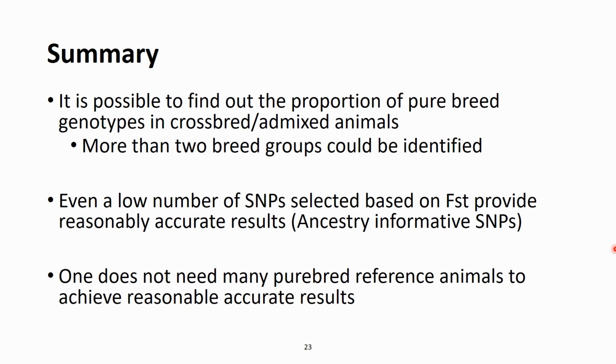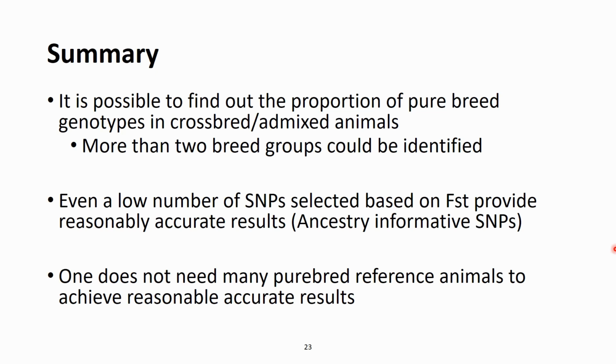So in summary, for this presentation on admixture, I just want to highlight the main outcomes. It is definitely possible to find out proportions of purebred individuals and purebred genotypes when it comes to crossbreeding and admixed individuals. These could be from two breeds, which is quite often the case, but the admixture analysis is also capable of determining breed proportions from more than two breeds.